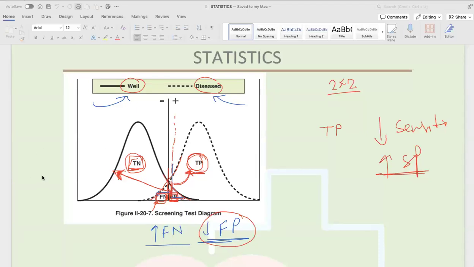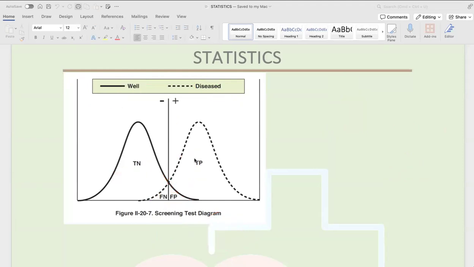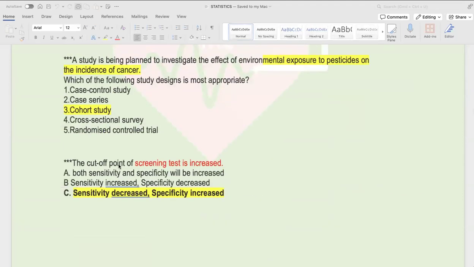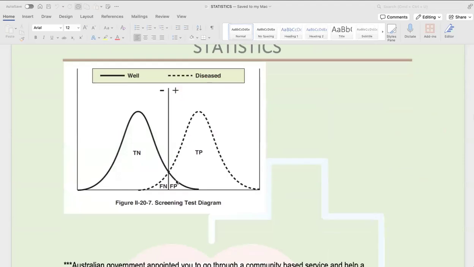If not, then just remember it. If we increase the cutoff point of a screening test diagram, we increase the true negative and decrease the true positive. If we increase true negative of a test, the specificity increases. If we decrease the true positive of a test, sensitivity decreases.